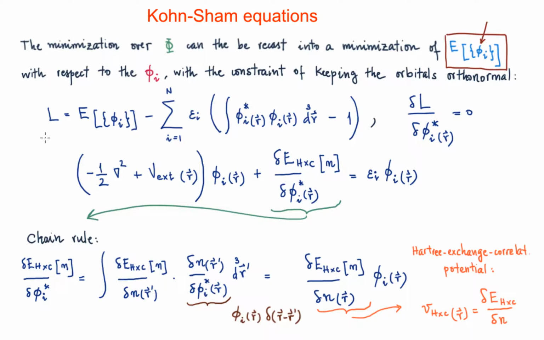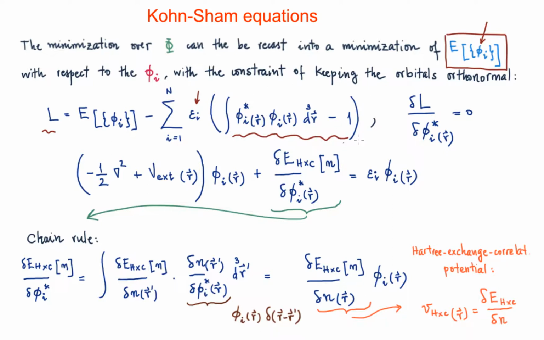So we have to define a new functional here, which basically is the energy we have just defined. In this case, we are going to call the new function L. And this new function is going to be the energy we have just defined. And then we have another term where we have the Lagrange multiplier, epsilon i, times the constraint for each electron state here.